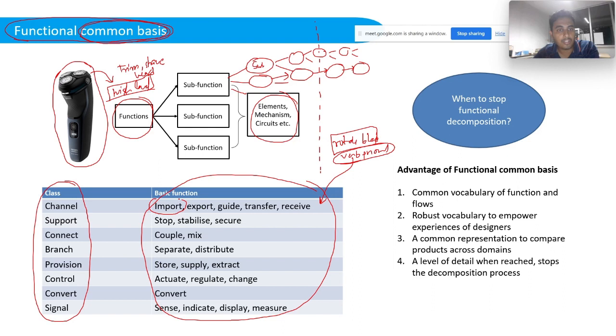People may get confused with individual terminologies when so many different people use different terminologies within your own functional decomposition. Probably at different times you use different vocabulary. That may also happen, like sometimes you use rotate, sometimes you use spin.